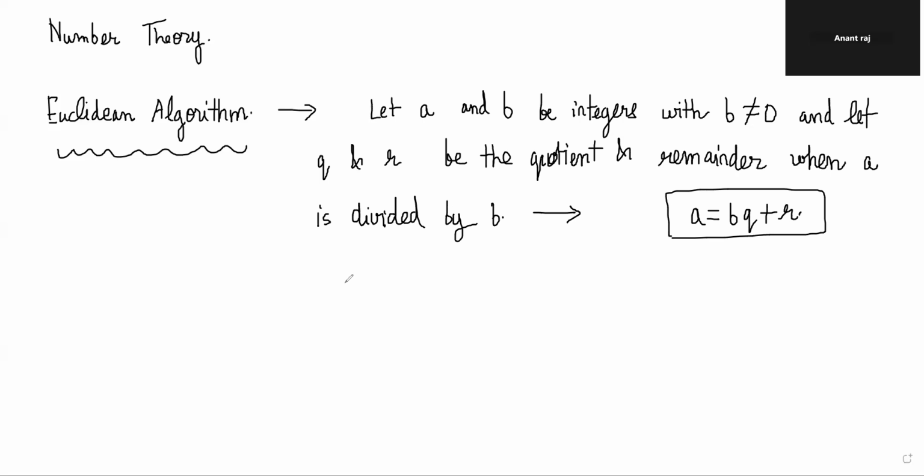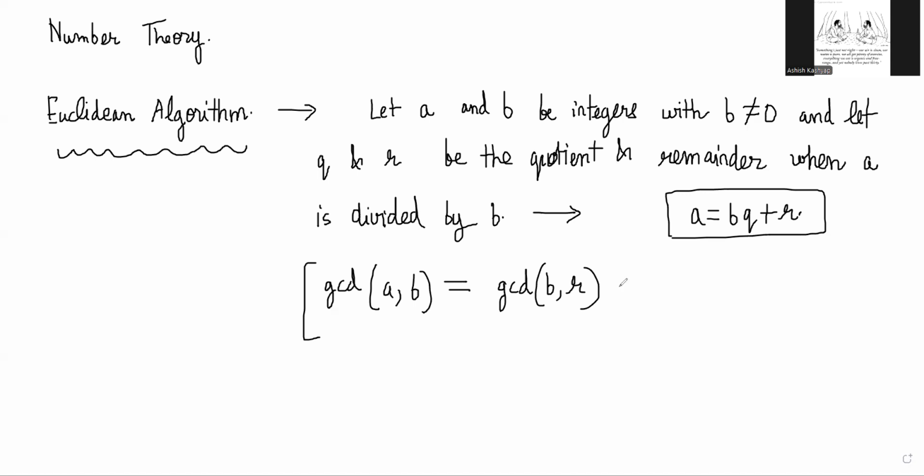So the property depends upon GCD of A and B is same as... Sir, your voice is not clearly audible. It is getting stuck in between. Can you hear me right now? Hello, hello.